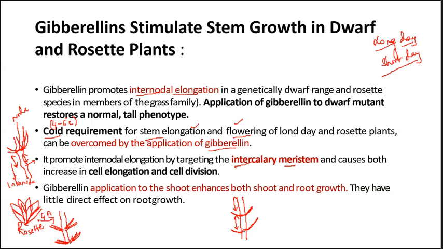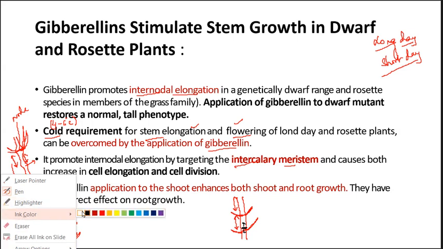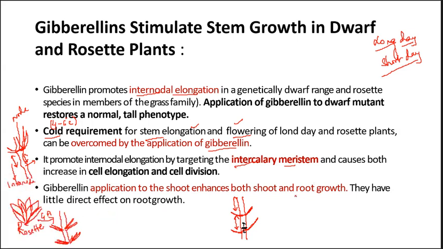If this is an internode, it's near the base over here. Near the base of the internode it produces the derivatives above and below. So they elongate like this.